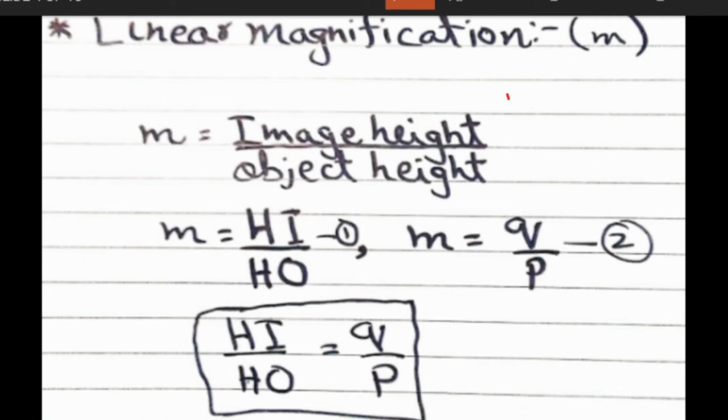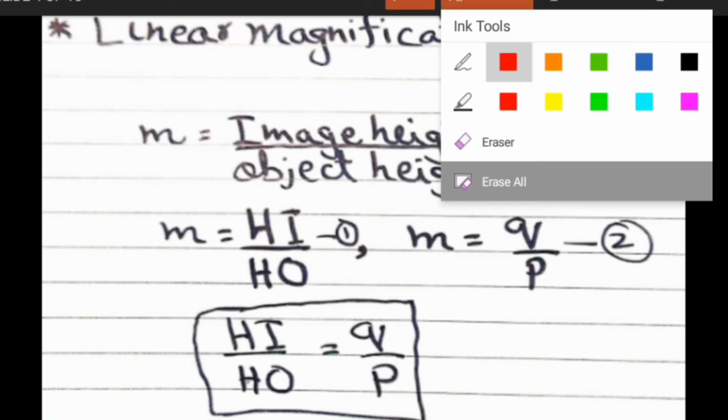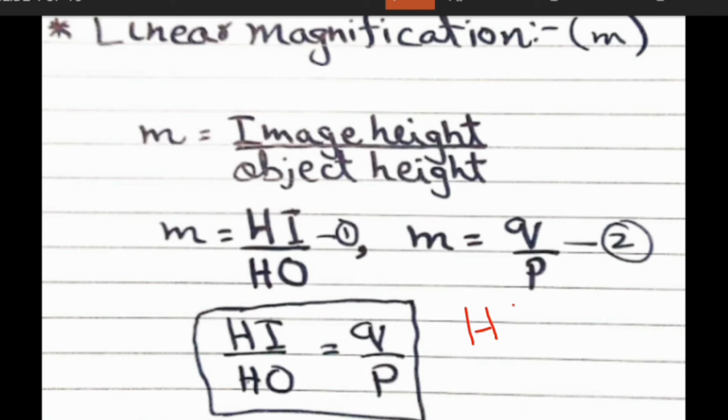For example, object height, ho, is equal to 1 centimeter, and image height is equal to 3 centimeter. So the value of linear magnification would be 3, because the image height is 3 times larger than the object height in this situation.